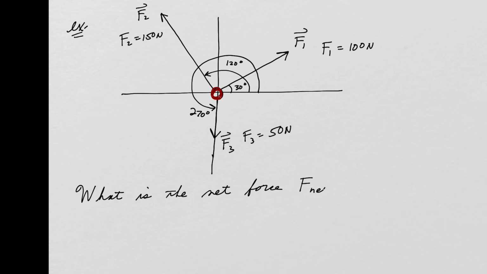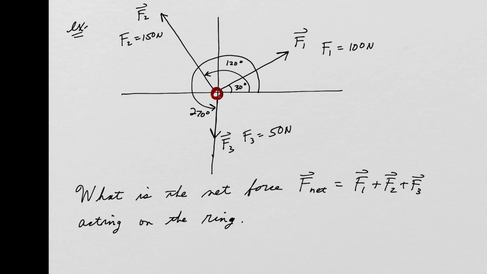F net, which is really equal to F1 plus F2 plus F3, right? I have to add them together. And again, let's answer the question in component form, like i hat, j hat form, and then also in polar form, where we give a magnitude and direction of that net force.